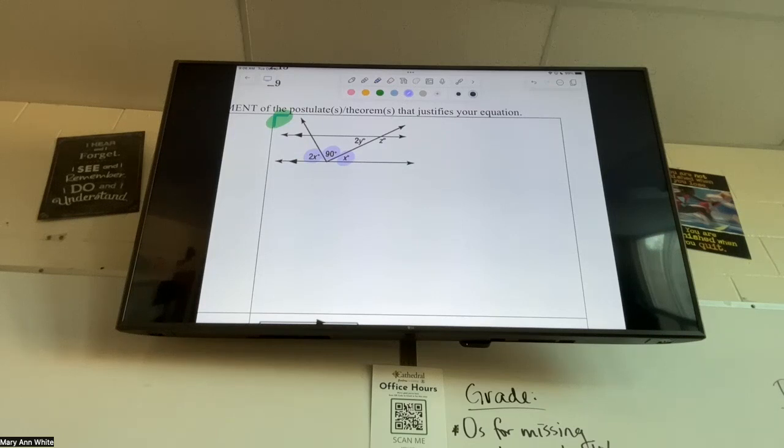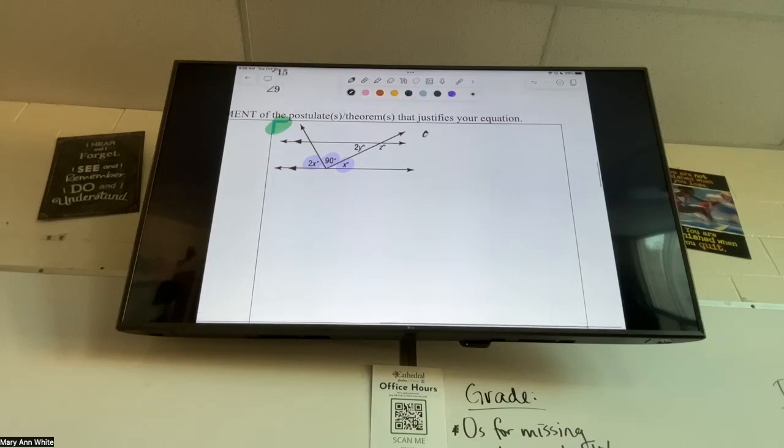Yes, Sam. They form 180, good. I'm not gonna write a linear pair because pair implies 2. So I will probably just write angle addition, and probably supplementary. I don't have a good rule for this one, but I know I'm gonna find X by adding them all up to 180.